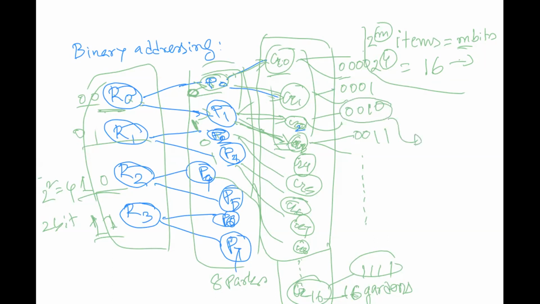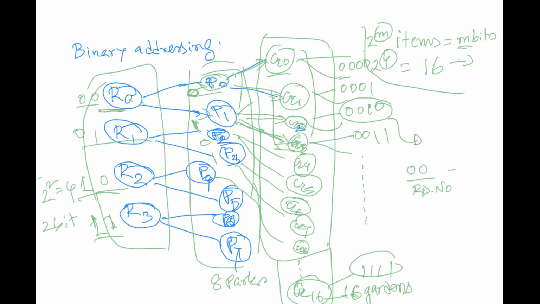Let's see. Let's say the first 2 bits are considered as the road number, and 1 bit is required for the park number.